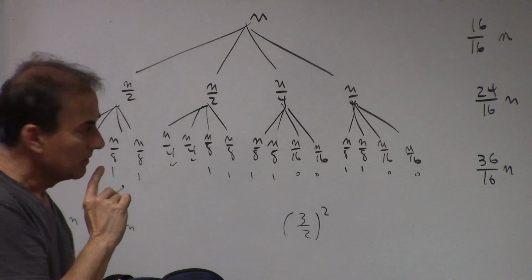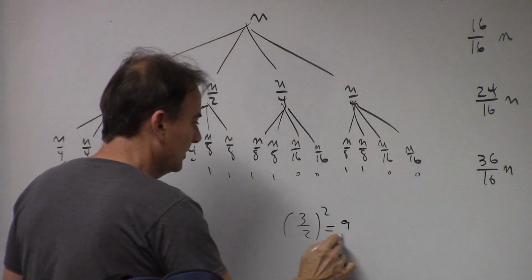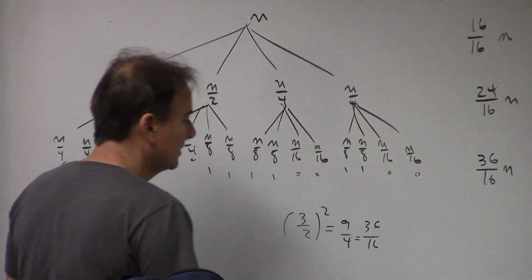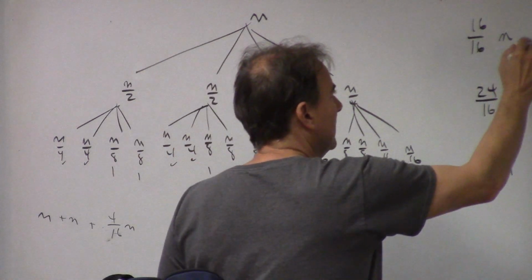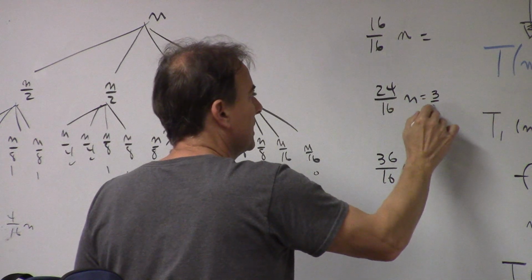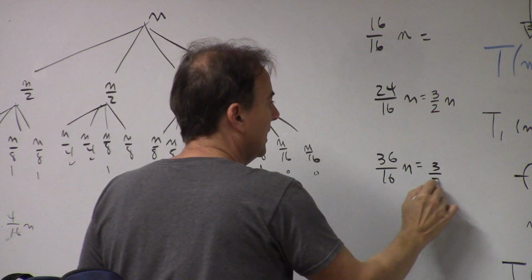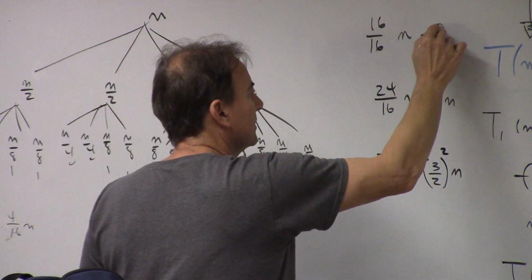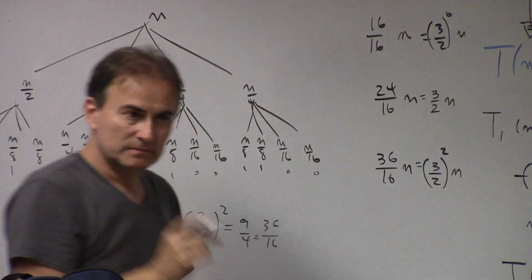Yeah, that's right. And 9/4, of course, is equal to 36 over 16. So it looks like we can write this as 3 halves n, and this will be 3 halves squared n, and this will be 3 halves to the 0 power n.